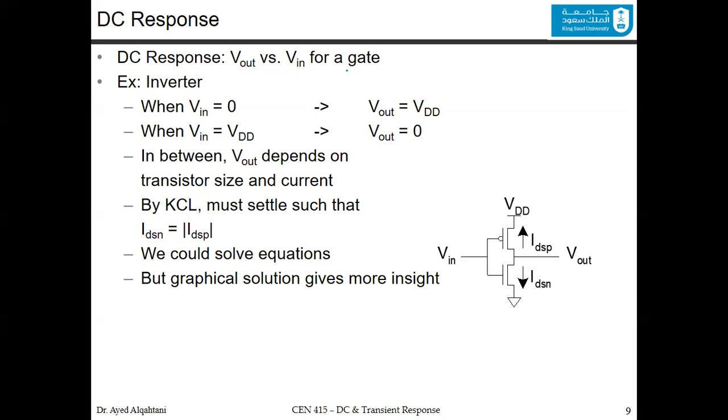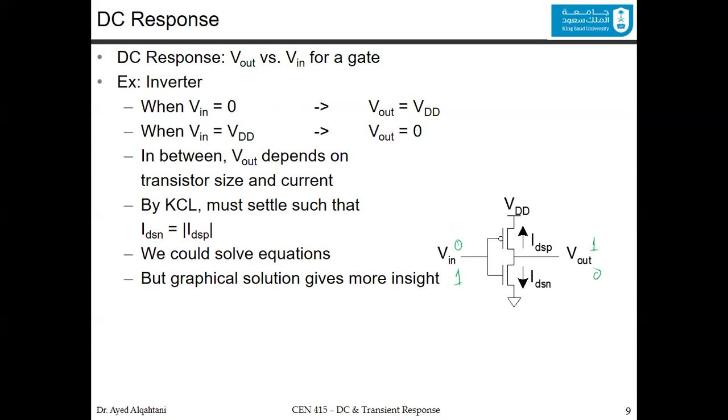Every VLSI design book takes the simplest gate, the inverter. When the voltage at the input is 0, since it's an inverter, the output would be VDD. Remember, if it is 0, then this is going to be 1, which is VDD. If the input is VDD, meaning 1, then your output is going to be 0. This is how the inverter works.